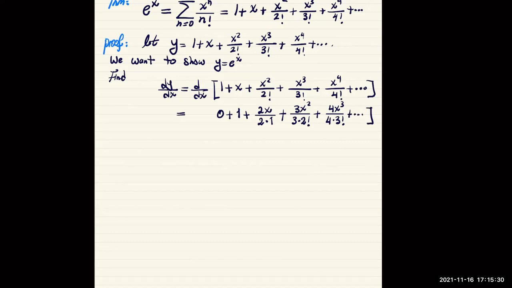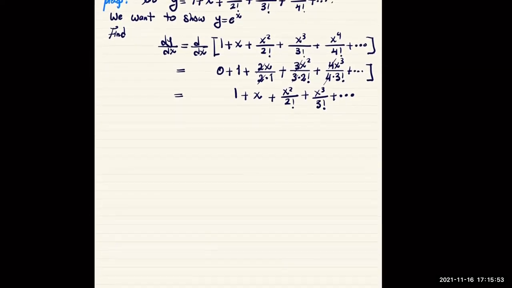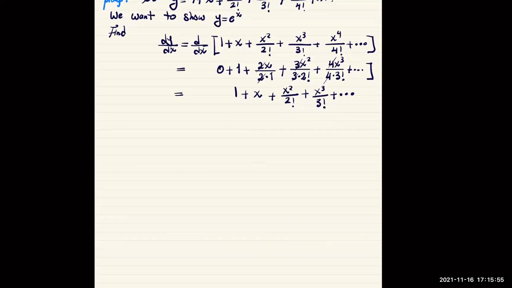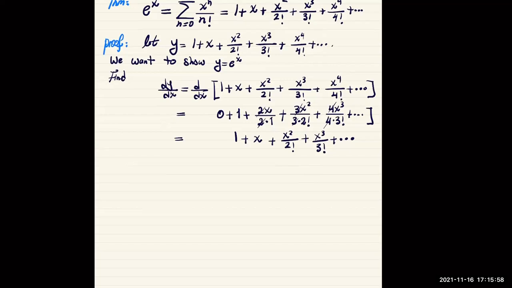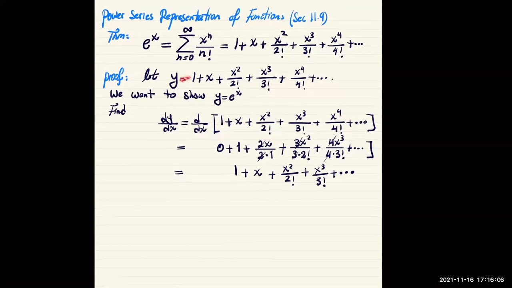Okay, now cancel, or reduce. So we got 1 plus, the 2's cancel, we get x, plus here 3's cancel, we get x squared over 2 factorial and so on. 4's cancel, x cubed over 3 factorial. So what happened? I took the derivative of this function and the result is the same as the function.